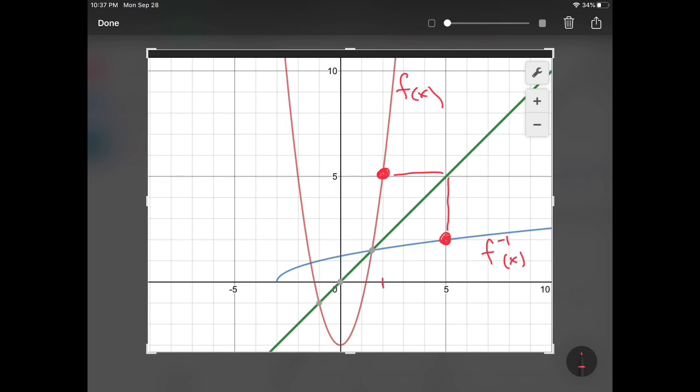This is a great point at 2, 5 right there. So this point is 2, 5. When you reflect it across the line y equals x, you get its inverse, and it's going to be at 5, 2. And if you have a really great graph, you can do that with a lot of different points.